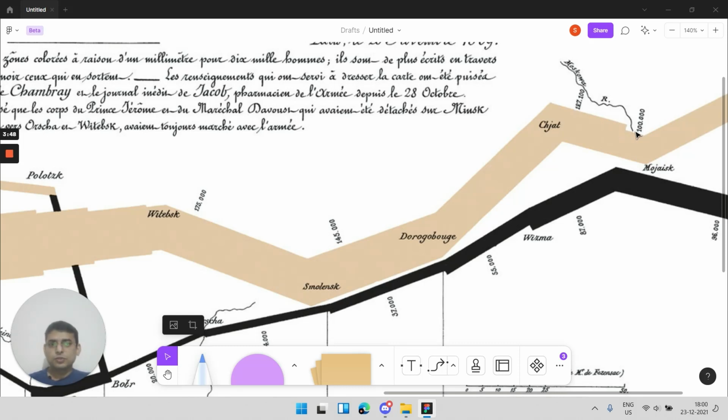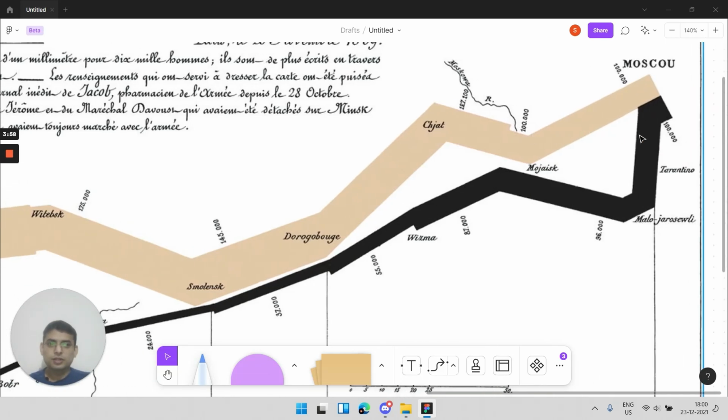So they reach Moscow finally, with 100,000 troops, but I don't think Russians made it easy for them even there. So without really getting to victory, they had to retreat from here.